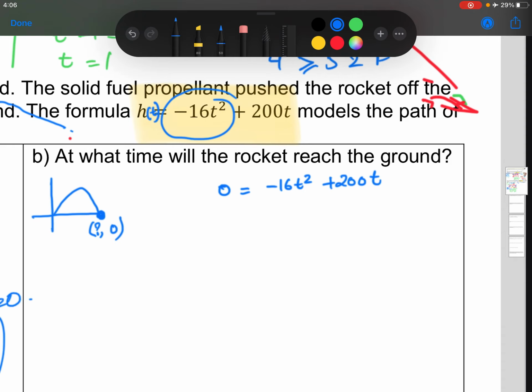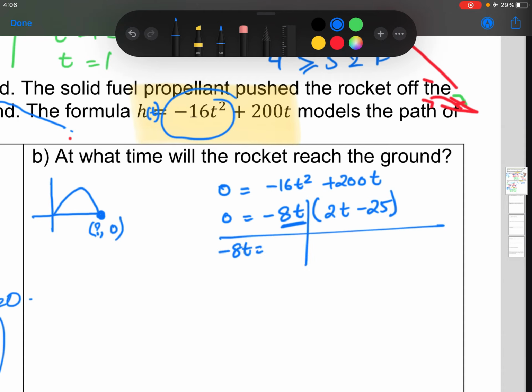I'm going to factor it. What can I factor? I can factor out the 8, negative 8 actually, negative 8t, and I'm left with 2t minus 25. Now be careful. I cannot divide by this t here because otherwise I will lose my solutions. So I will make a t chart here. So negative 8t, I can't factor them further.